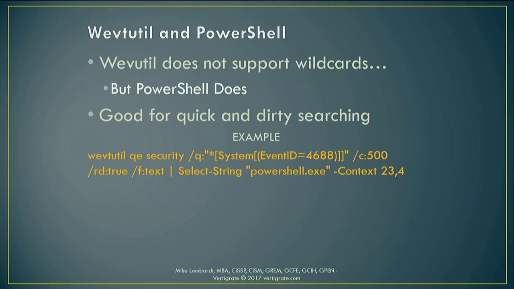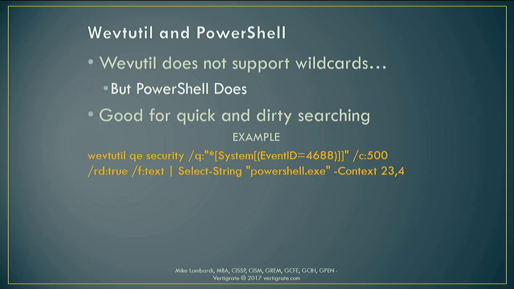But what I like is combining PowerShell with wevtutil, because I can pipe that in, I can do a find string for whatever I'm looking for, and then here we have it. So what we've got on this command is we're going to look for the event ID 4688. We're only looking at the most recent 500.